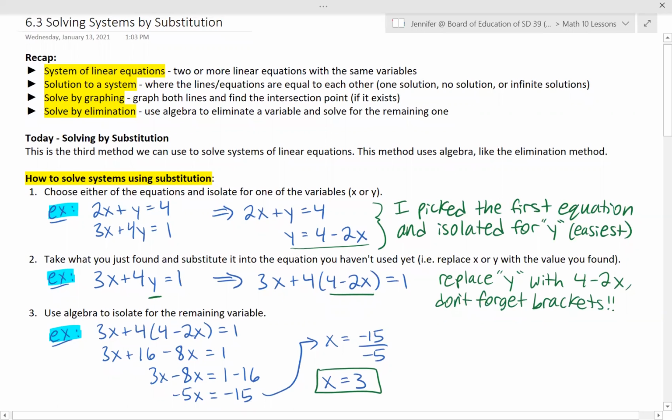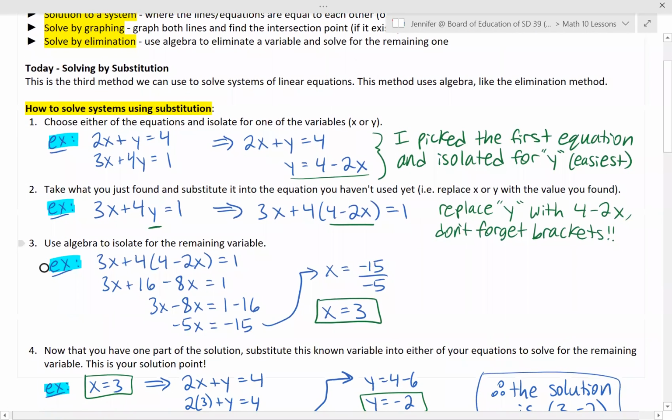The third step is to use algebra to isolate for the remaining variable. Once I've subbed this in, I have an x here and an x here, so I only have one type of variable to solve for because we've removed the y. We'll get rid of the brackets first and multiply the 4 in. That would get 16 minus 8x. Then we combine our like terms.